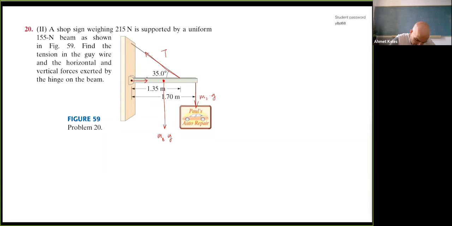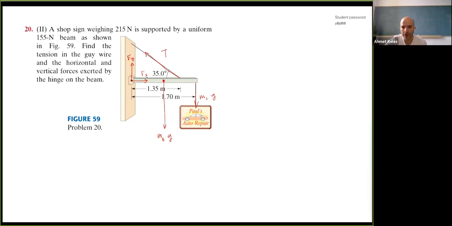This one and this one. So F hinge, maybe I can just call it F because there is no other F here. So this is Fy, this is Fx. Good, right? I got the free body diagram. What's next?